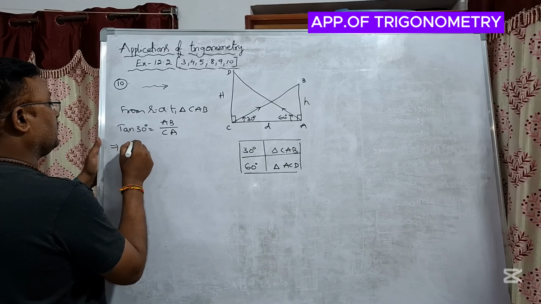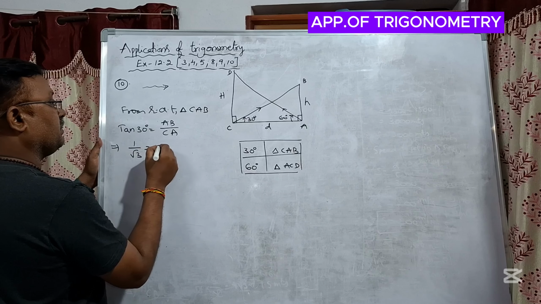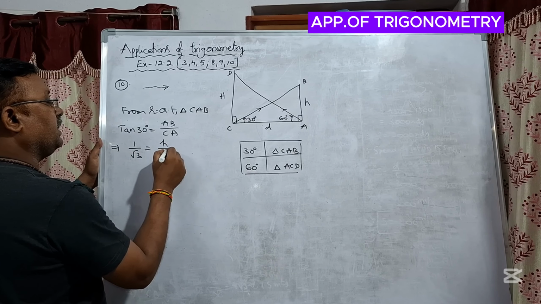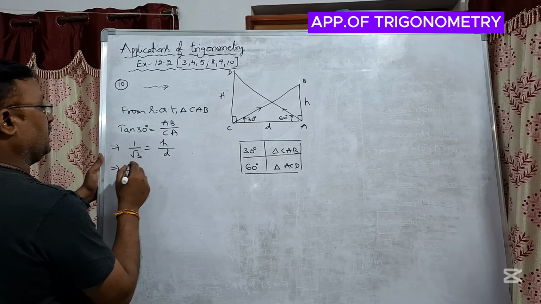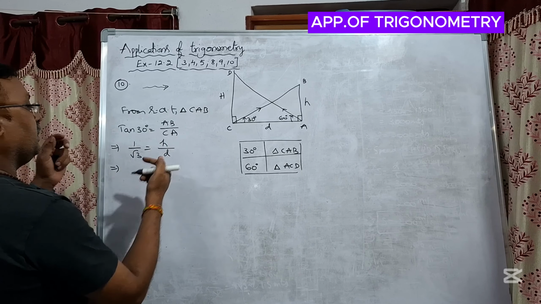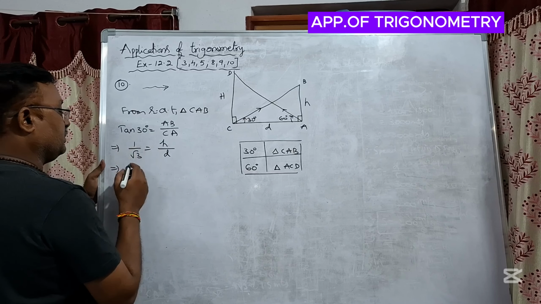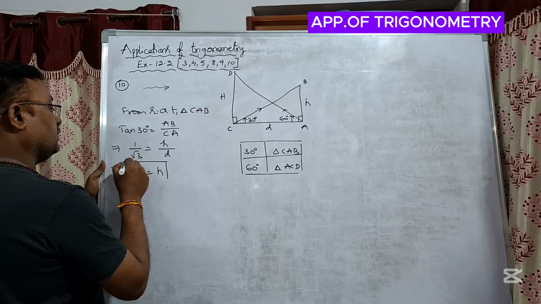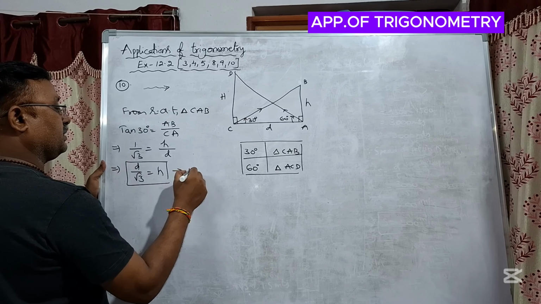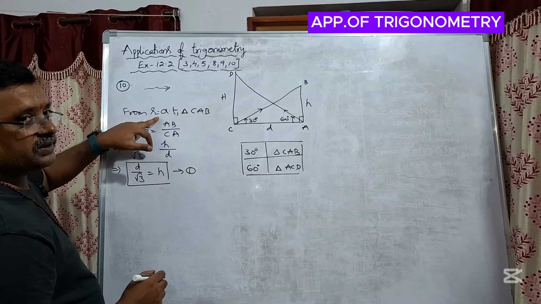This implies tan 30 value, 1 by root 3, is equal to small h by d. Cross multiply, send it to this side: d by root 3 is equal to h. That is the smaller h value. Equation 1 came from the first right angle triangle.